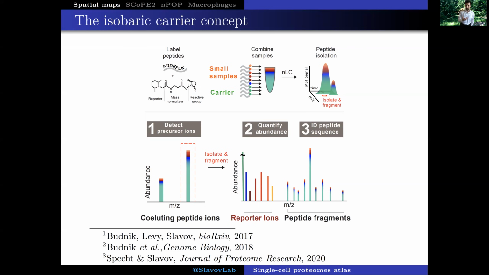Specifically, what's very helpful here is that in this experimental design using the isobaric carrier concept, the fragments are generated from the pooled amount of the peptide derived from all of the small samples, e.g. single cells, and from the carrier material, which provides enough fragments to determine the sequence of the peptide and increases, in many cases, not in all, our ability to assign confident sequences.